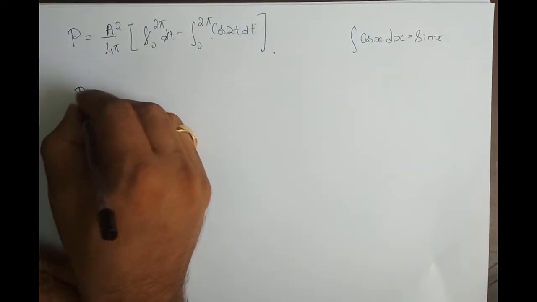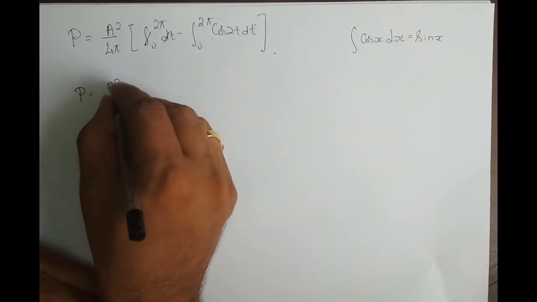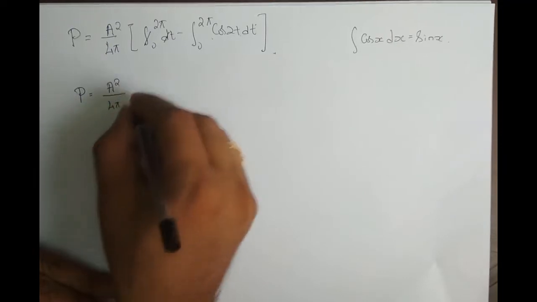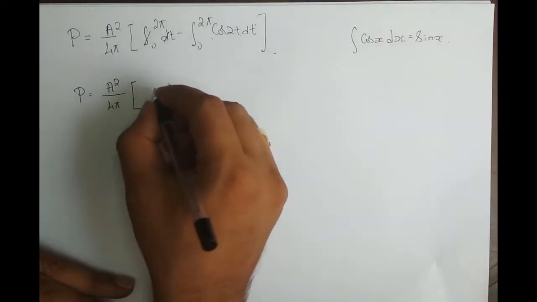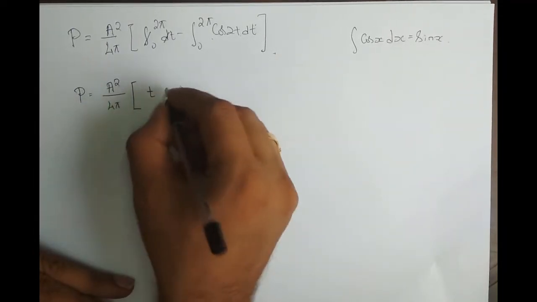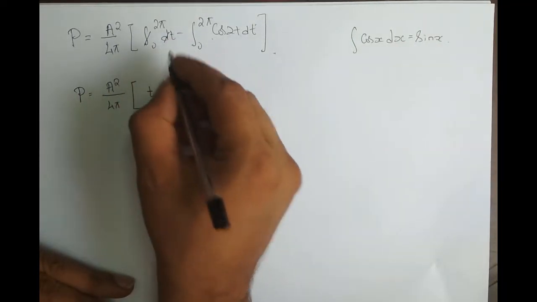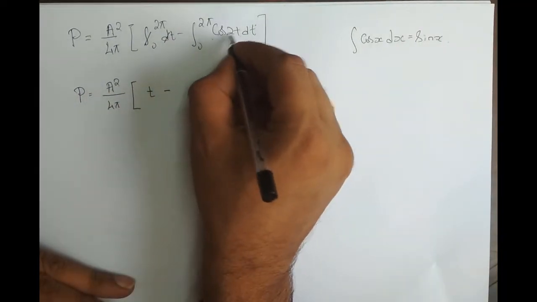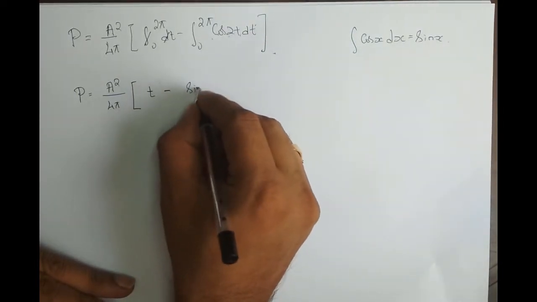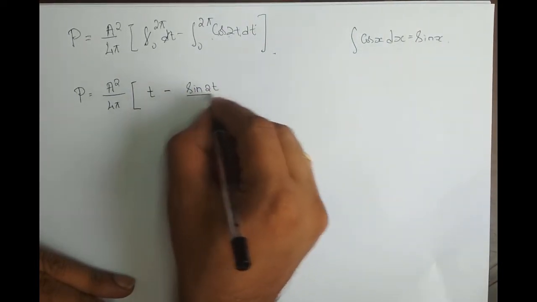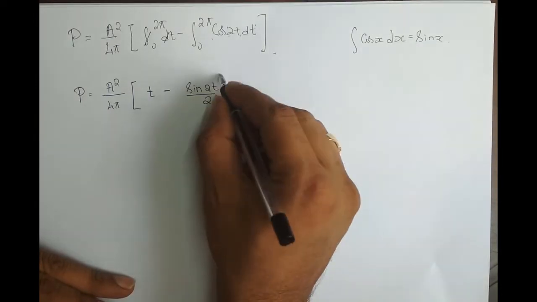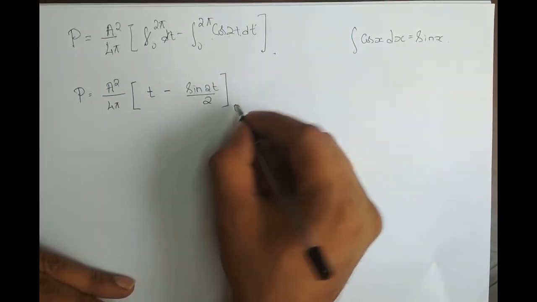So P is equal to a square divided by 4 pi into t with the limit 0 to 2 pi, but I'll take this limit outside because both the limits are same, minus the integration of cos 2t, which is sin 2t divided by 2, with the integration limit 0 to 2 pi.